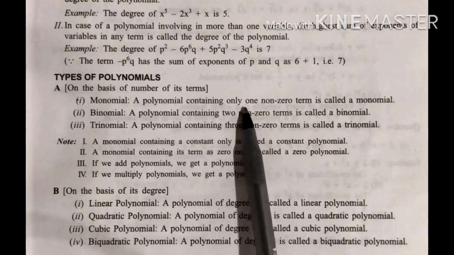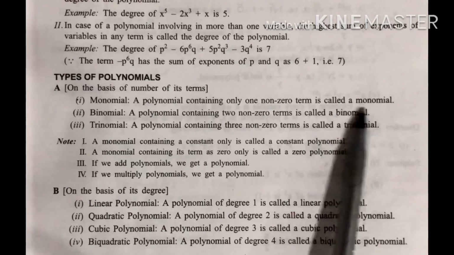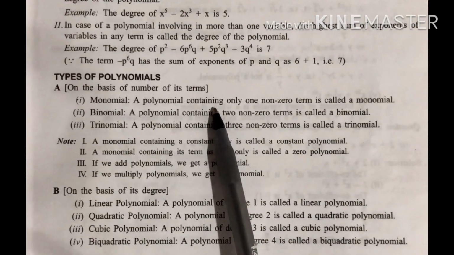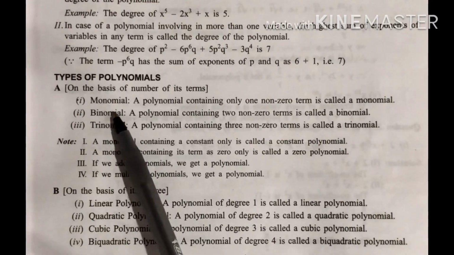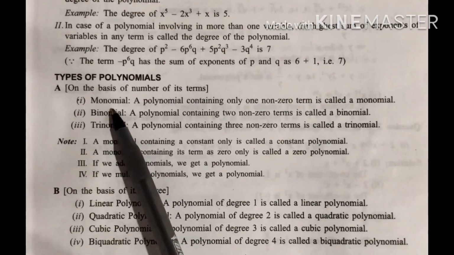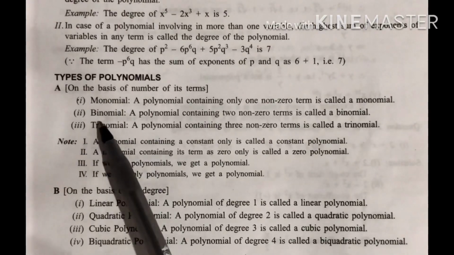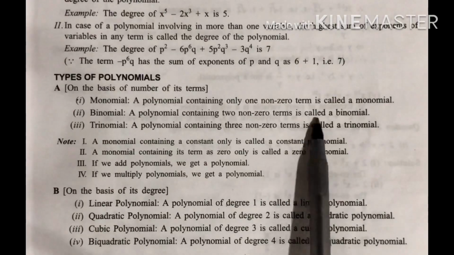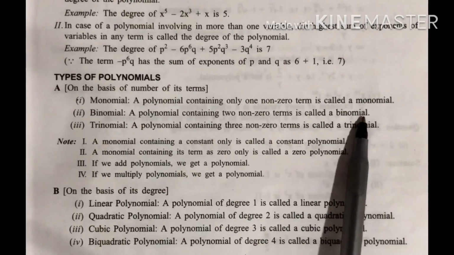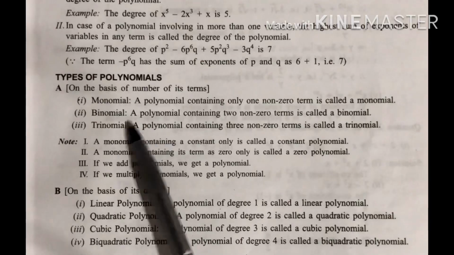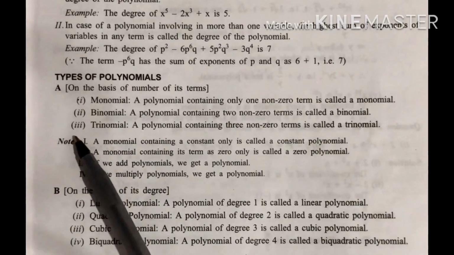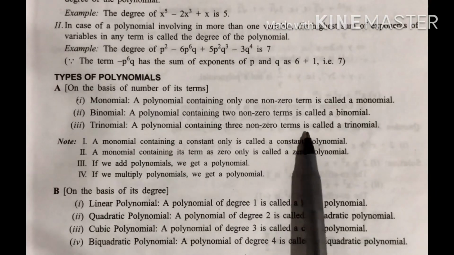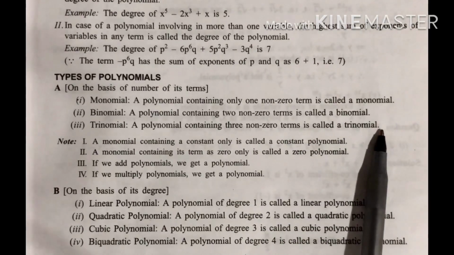A polynomial containing only one non-zero term is called a monomial. In Greek, mono means single, one. Now binomial. A polynomial containing two non-zero terms is called a binomial. And third one, trinomial. A polynomial containing three non-zero terms is called a trinomial.